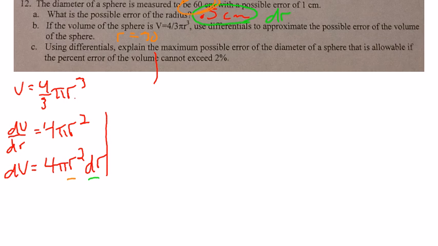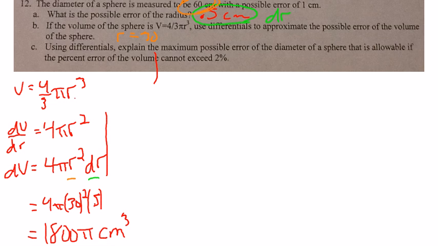When I do that, I get dV equals 4 pi times 30 squared times 0.5, which, if I plug it in my calculator, I get 1800 pi, and I should give units. We're talking about centimeters, and it's cubed. So that's the answer for part B. So I've got A and B done.